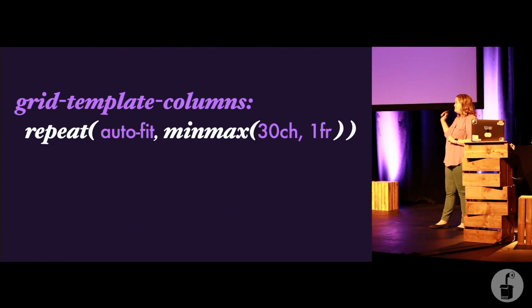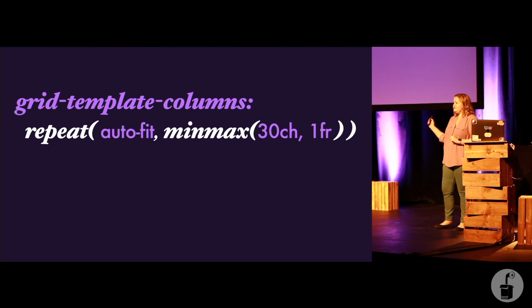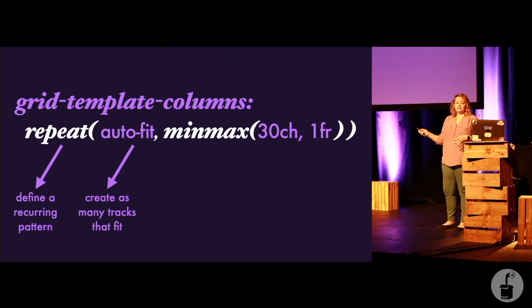This is the most magical CSS definition because it creates an intrinsically laid out and sized layout grid. With the exception of the CH unit, everything here is currently grid specific. Repeat allows you to define a recurring pattern and sizing technique to use for your grid tracks. Autofit creates as many tracks that fit.